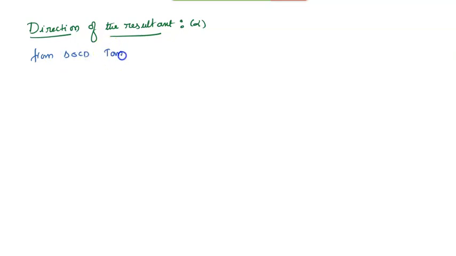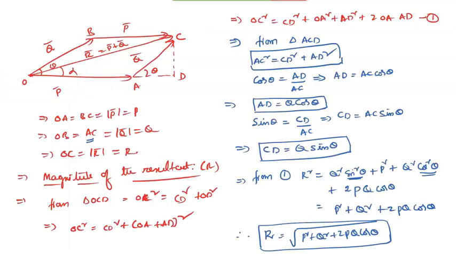If you go to the previous diagram and check, this is the CD value and this is the triangle OCD, opposite side CD by adjacent side OD. OD can be written as OA plus AD. And CD is equal to Q sin theta, and AD is Q cos theta.